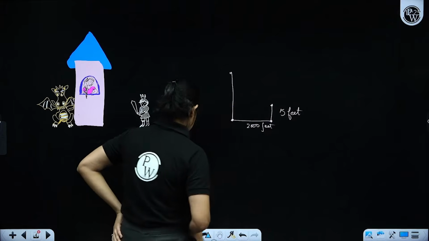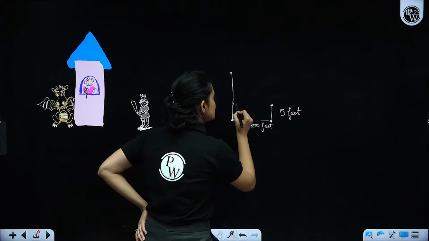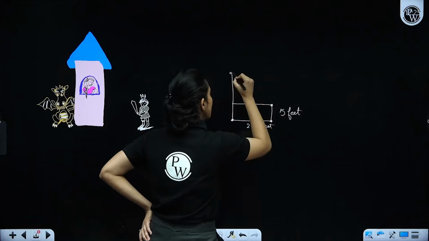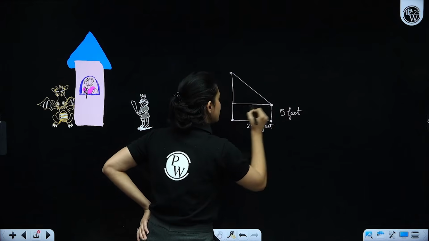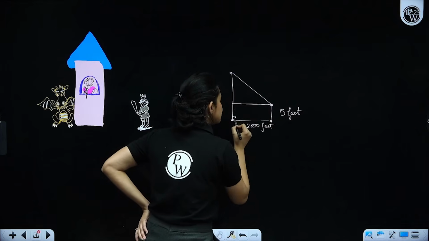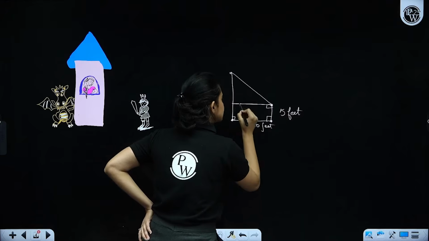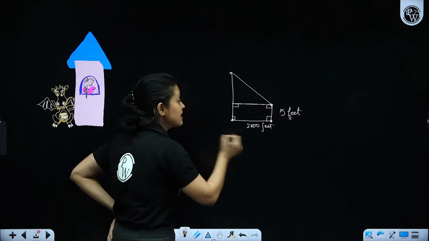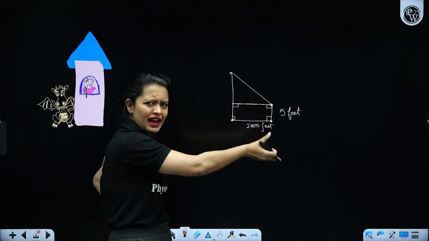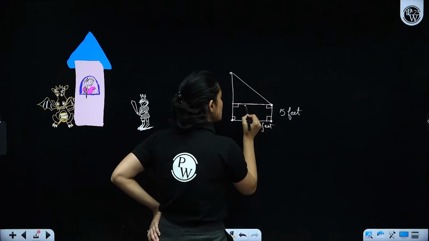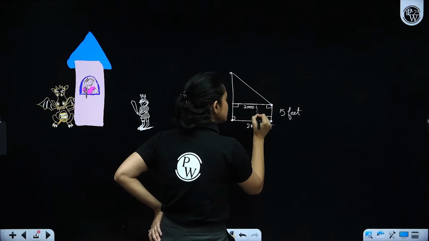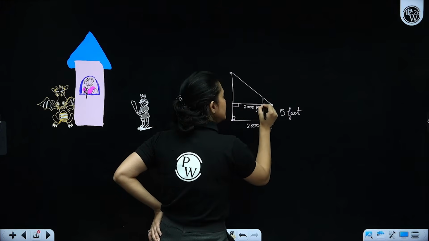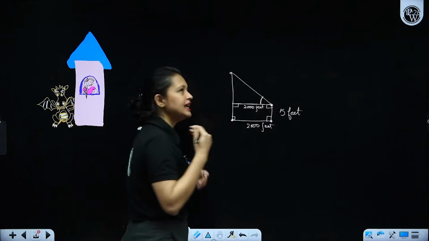Now, what he does is, he first of all draws on his paper a figure like this. Okay, where this is 90 degrees, this is 90 degrees, this is 90 degrees. Hence, this is what? This is a rectangle. Can you see the rectangle, guys? All angles are 90 degrees. So, if this is 2000 feet, this is also 2000 feet. Okay, now he knows trigonometry and he does what?